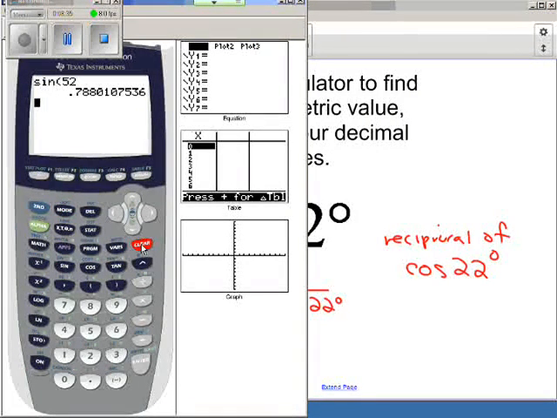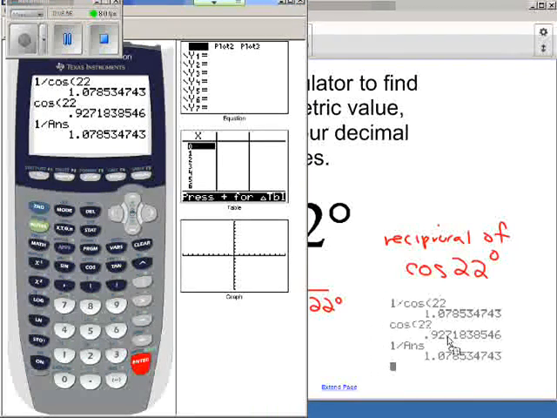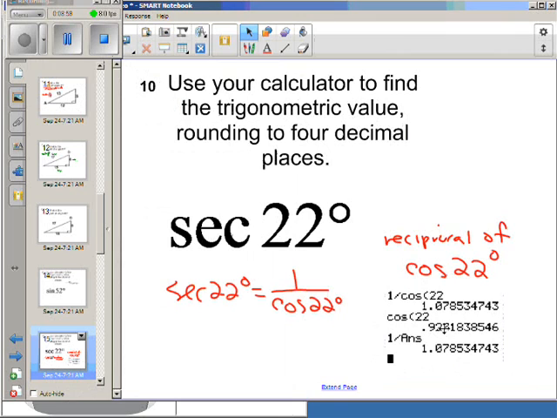So if I clear that out, I can do 1 divided by cosine 22 degrees. And there it is, 1.078. I could also think about doing cosine of 22 and then doing 1 divided by that answer. So there's two different methods to get my secant of 22.